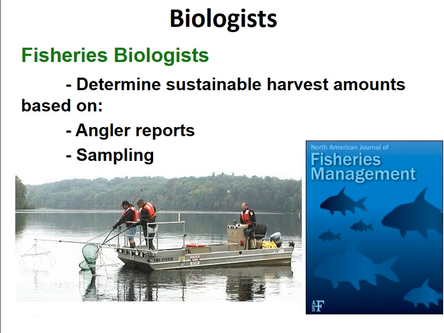Also, fisheries biologists sample with several different types of sampling strategies, and that depends on the species of fish that they're targeting or the age of the fish. So different types of nets may be deployed to catch certain types of fish in different habitats.